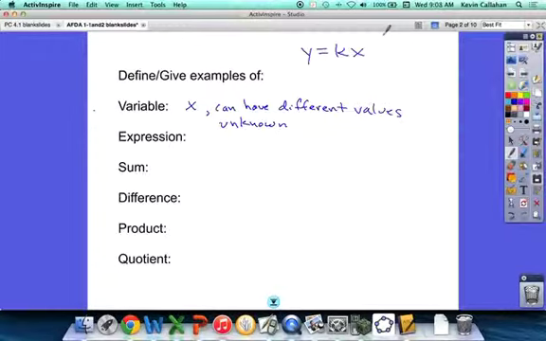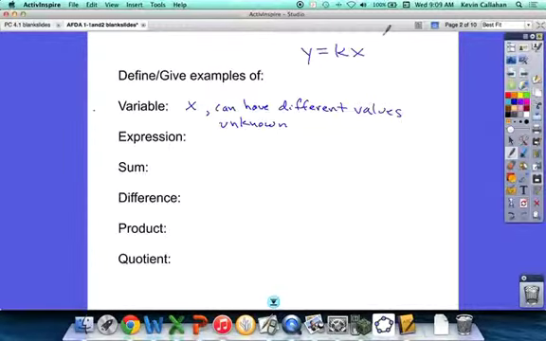It just has one fixed value we don't happen to know when we start the problem. So variables vary. You can have letters in formulas and equations that don't represent variables. They're actually constants. But variables, usually we use x. We use different variables: x, y, z, a, b, c, who knows?